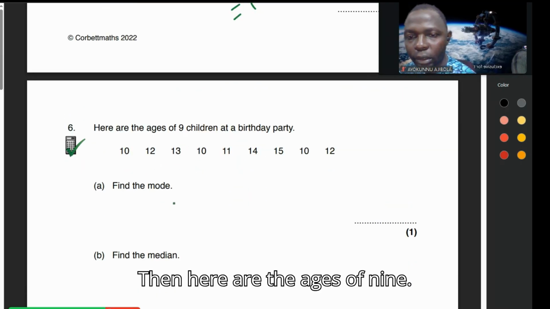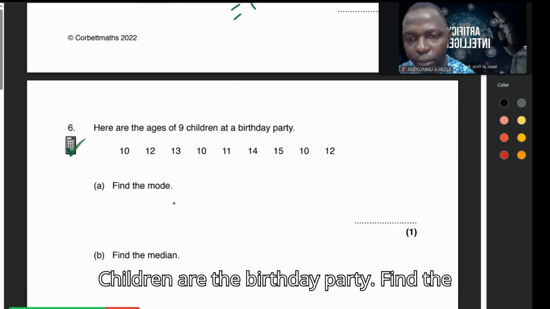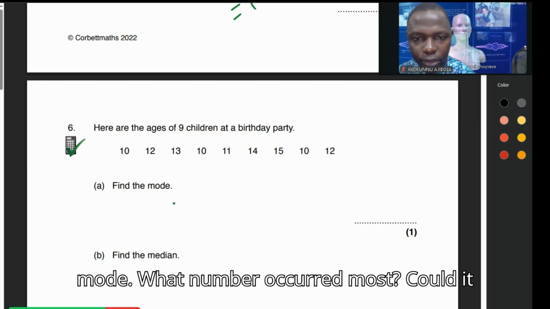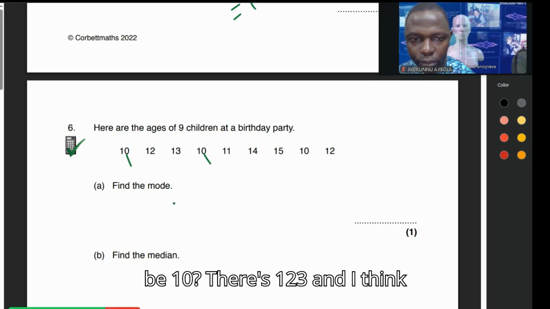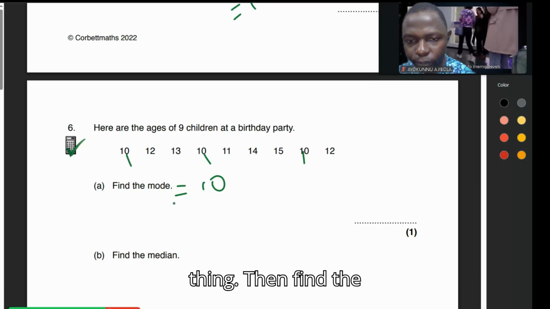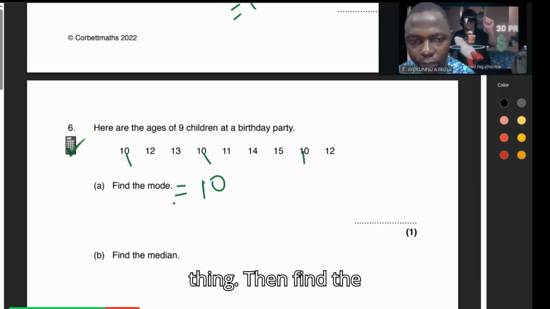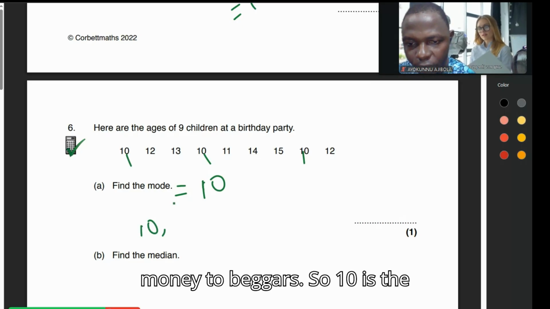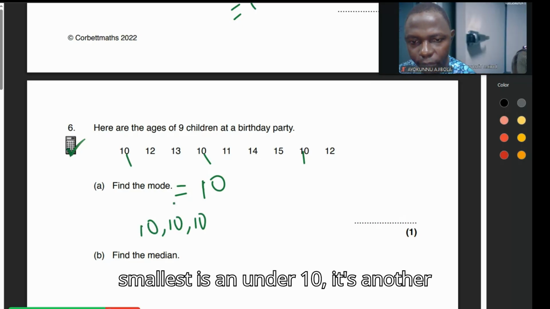Then here are the ages of 9 children at a birthday party. Find the mode. What number occurred most? Could it be 10? I think that's the one that occurred most, it is 10. Then find the median. We have to rearrange from the smallest to the biggest. So 10 is the smallest, another 10, another 10.